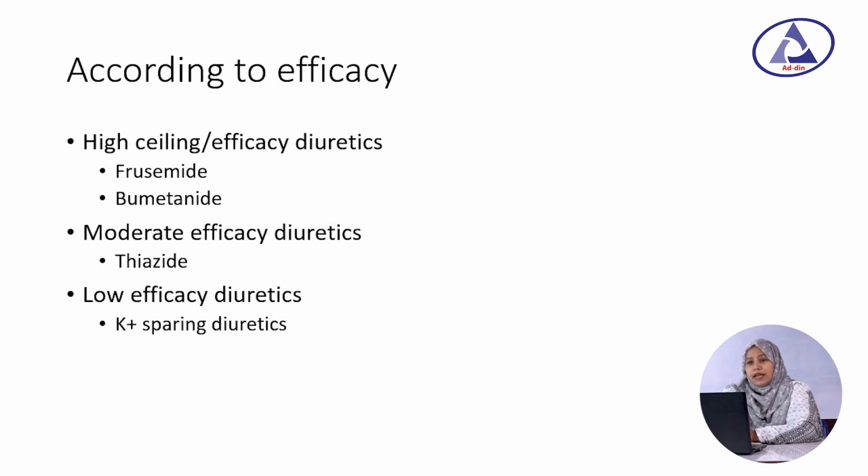And you know that potassium is an important ion for our body; if there is any change in the potassium level, whether hypo or hyper, both states are dangerous for our health. So potassium sparing diuretics are important in some cases.